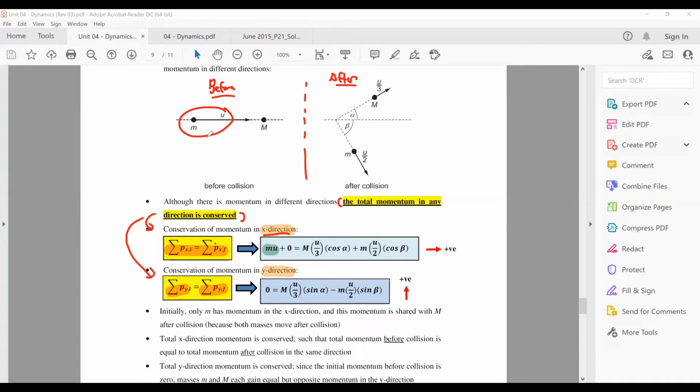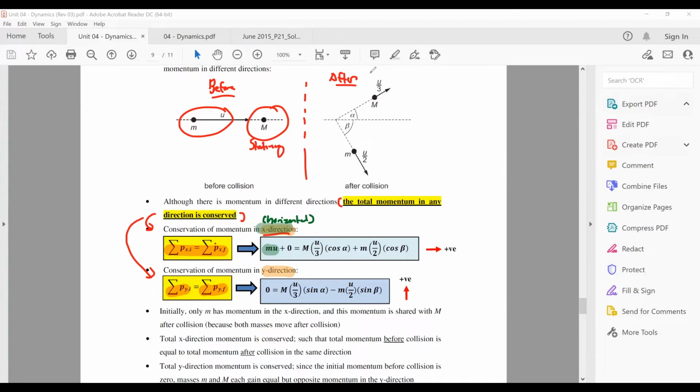It will just be mu. If I consider only the x direction, or the horizontal direction, the momentum of this small m here is just mu in the horizontal direction. What about the momentum of the big M here? There's no momentum for this one because it's just stationary.